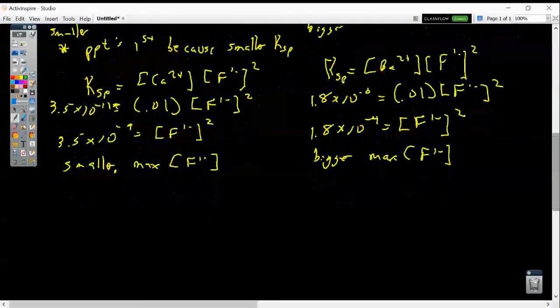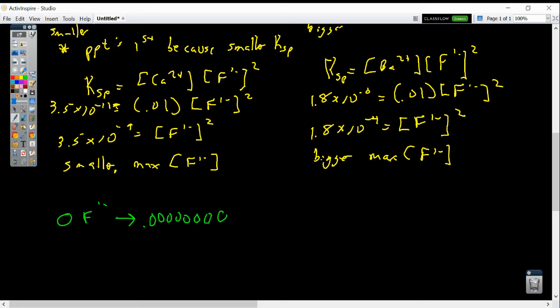Here, we need to go from 0 up to 0.18, and there we need to go from 0 to a much smaller value.